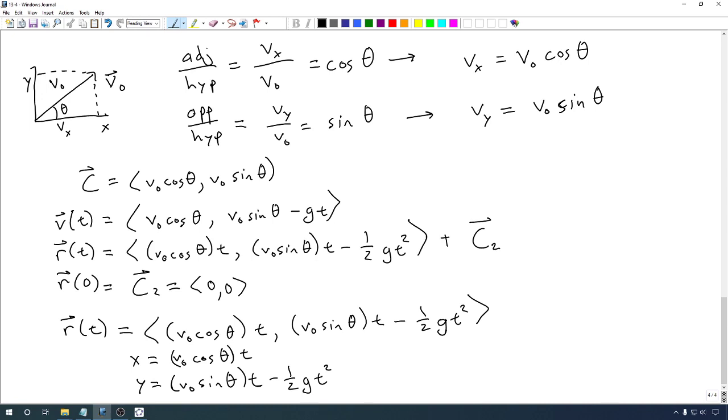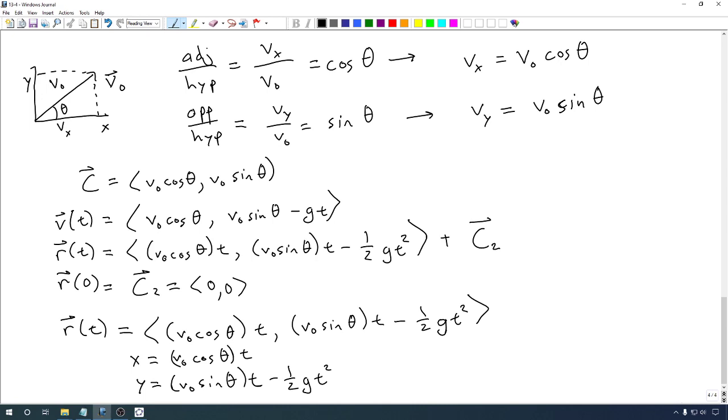And if you want to go further, you can actually go ahead and try to eliminate the parameter t. Basically take this equation for x, solve for t by just dividing by the V naught cosine theta. I mean, that's just a constant here. And then you can end up replacing the t's in the y, and you end up getting a quadratic. You get y equals some quadratic in terms of x.